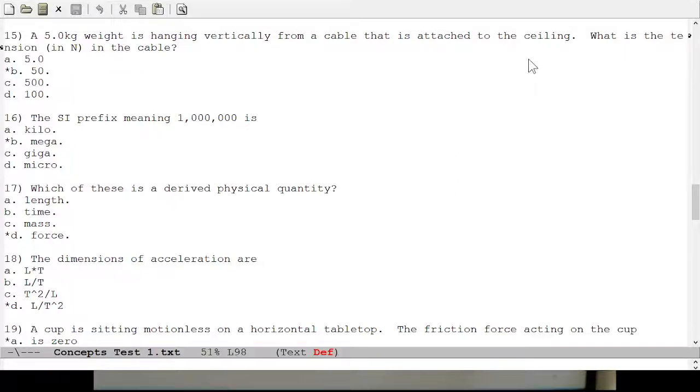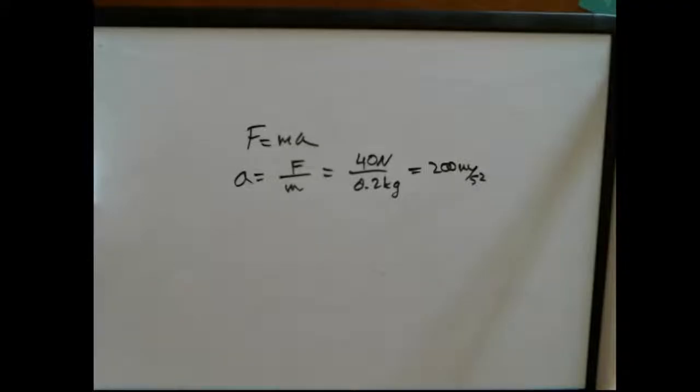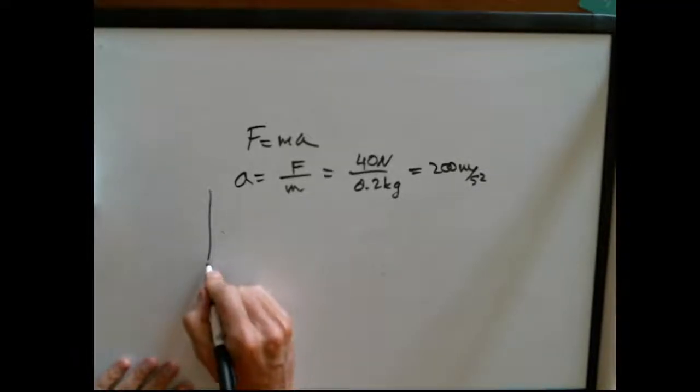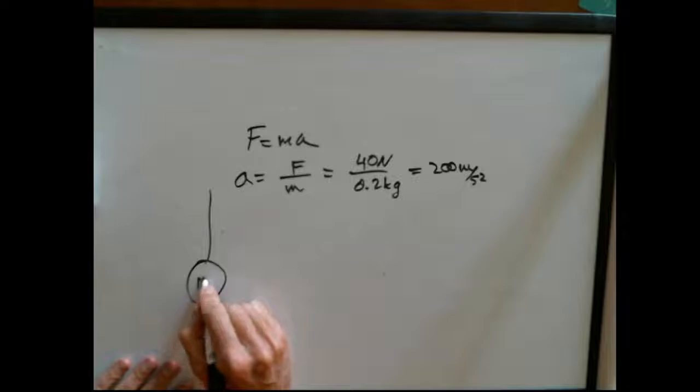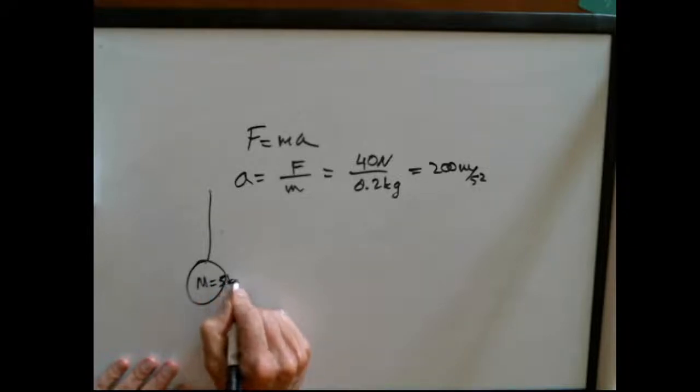In this next problem, a weight is hanging vertically from a cable that's attached to the ceiling. What is the tension in newtons in the cable? The only subtlety there is you have to multiply by gravity. So let me switch over to here. If I have a cable and a weight hanging from the cable, the mass is 5 kilograms.